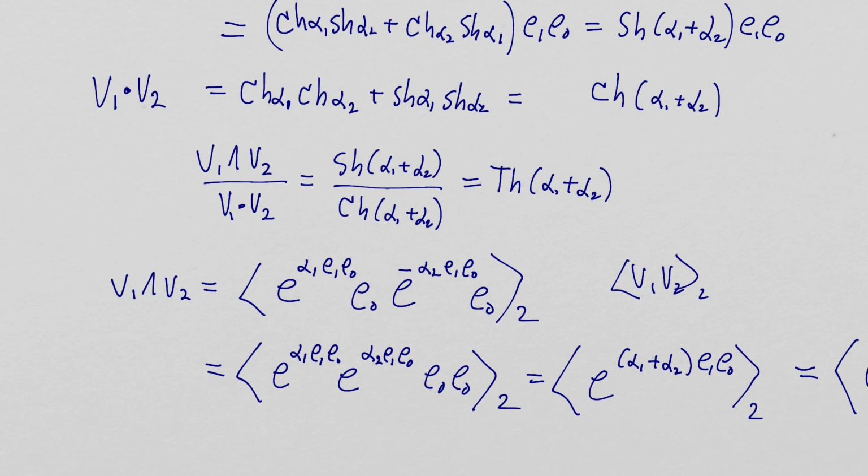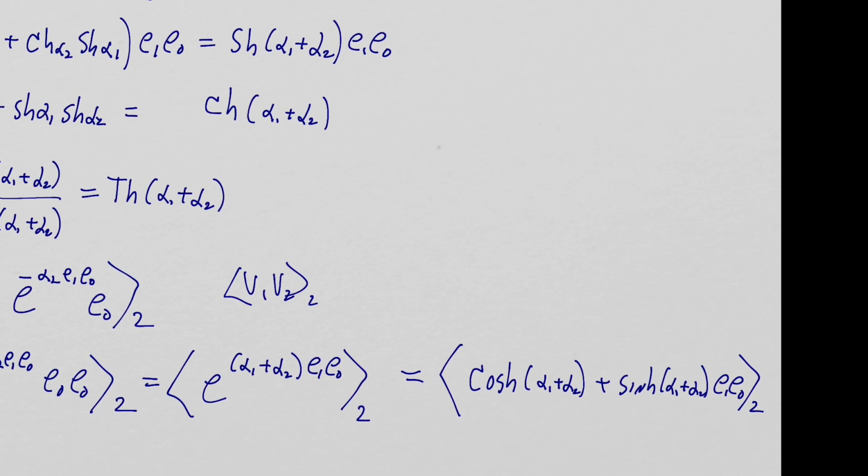You can set that up, and then you can anti-commute E0 and alpha 2, and then you get e to the alpha 1 E1 E0, e to the alpha 2 E1 E0 E0 E0, but that of course is 1. And then here you just use the exponential sum rule. And then once you've done that, well, you've got the hyperbolic cosine part, the hyperbolic sine part, but only the hyperbolic sine part is blade 2.